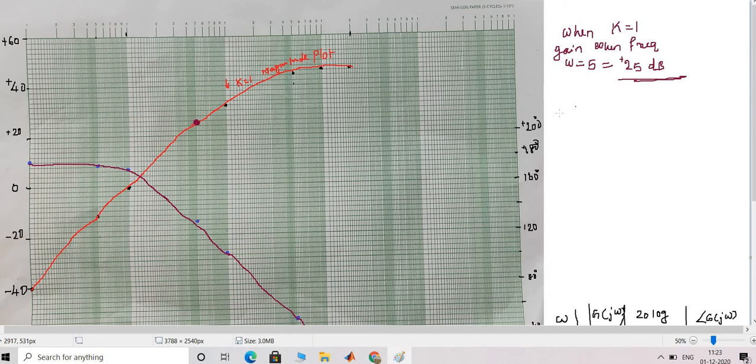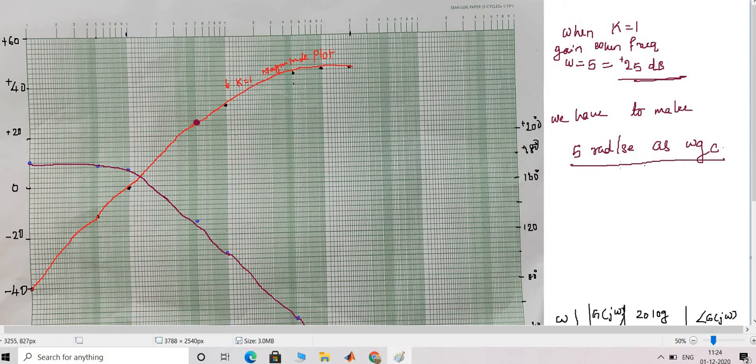Now what we have to do is make 5 radian per second as the gain crossover frequency, omega gc.